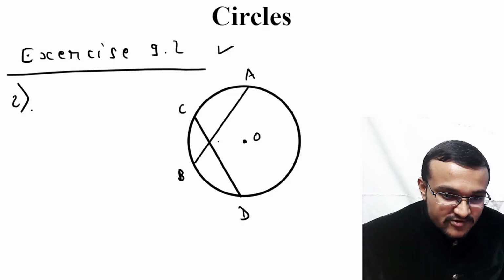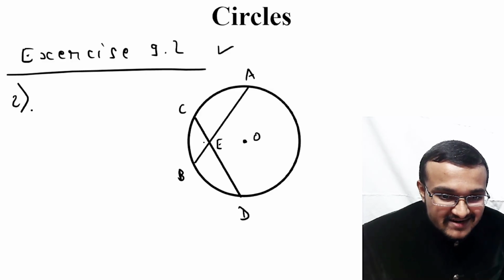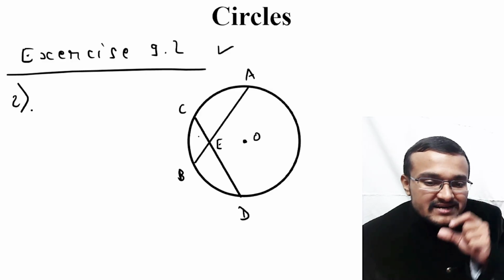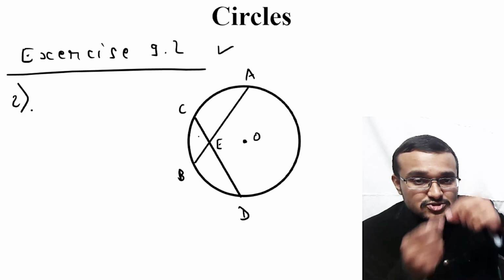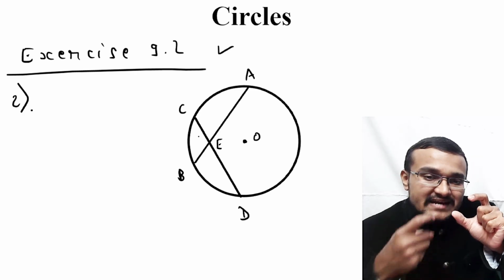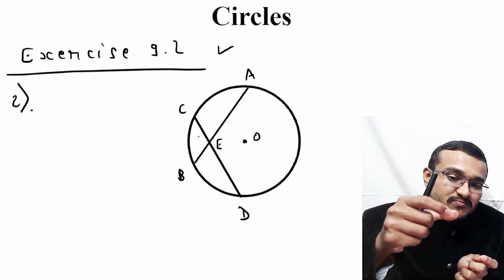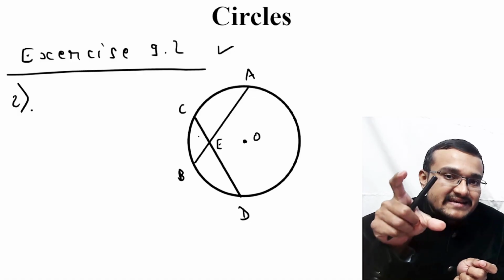If you consider this point as E, here you can clearly see CE is one segment and ED is another segment. So the total chord CD has been split into CE and ED, and the total chord AB has been split into EB and AE.